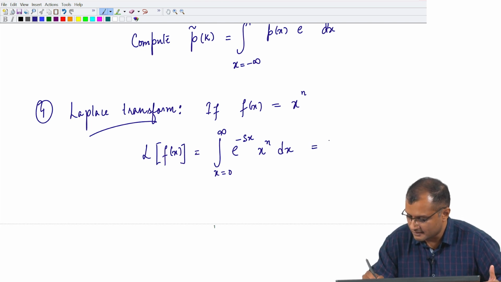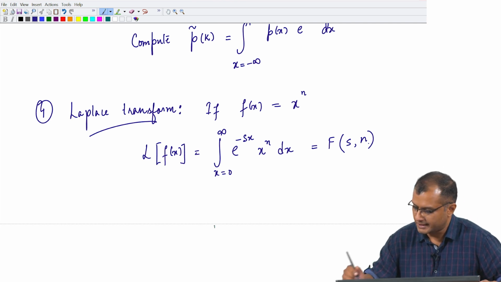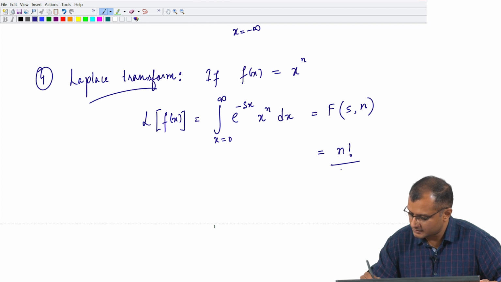This result is nothing but a function of s with a parameter n. Okay. And we will show that this is equal to n factorial over s to the power n plus 1.